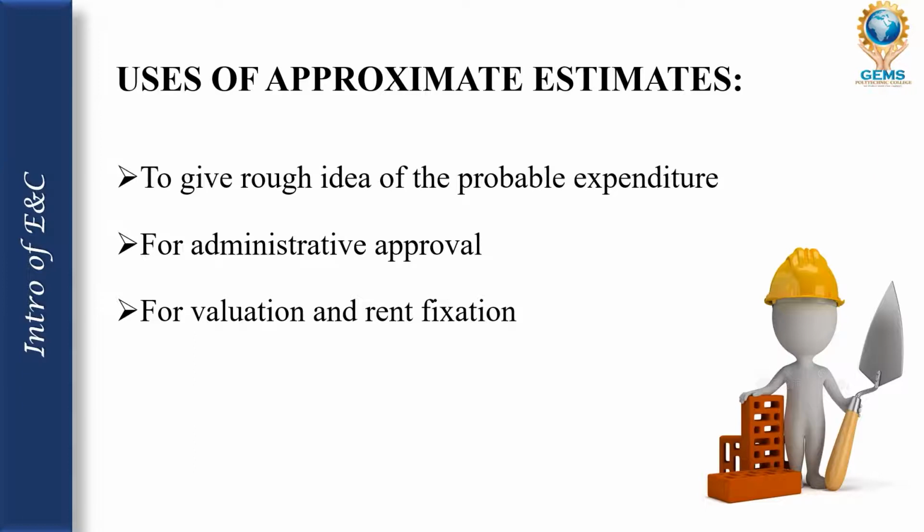Then framing tax schedules, rent fixations, then insurance requirement. For all these purposes, this approximate estimate is needed. So these are the main uses of approximate estimate. It gives a rough idea, then administrative approval, then valuation and rent fixation.